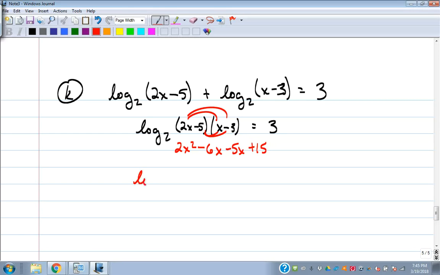So that's going to be log base 2 of 2x squared minus 11x plus 15 is equal to 3. Good job. Addition turns into that multiplication, and then just got to do a little bit of algebra there, multiplying it together. Okay.